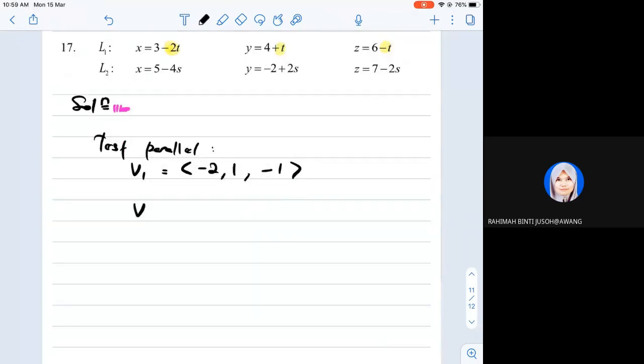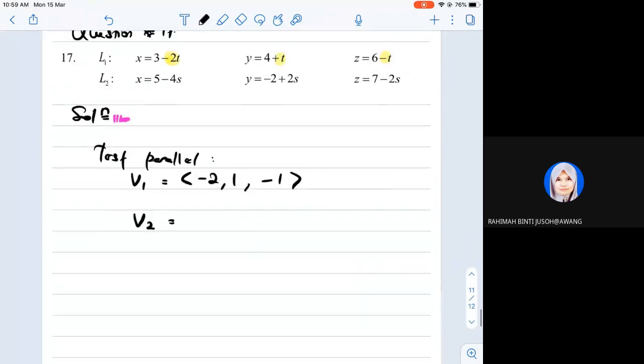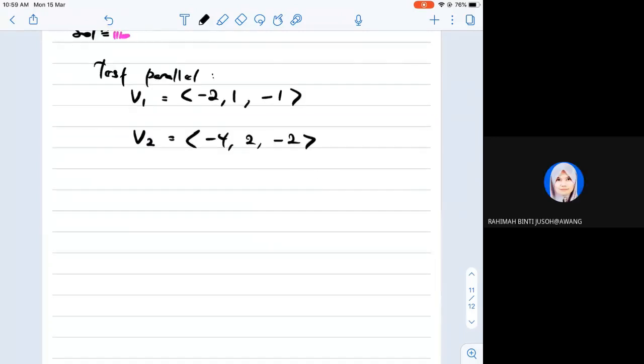Now the parallel vector of the second line. We have negative 4, then 2, then negative 2. This question is easy. Can you find the value of k? Is V1 equivalent to kV2?